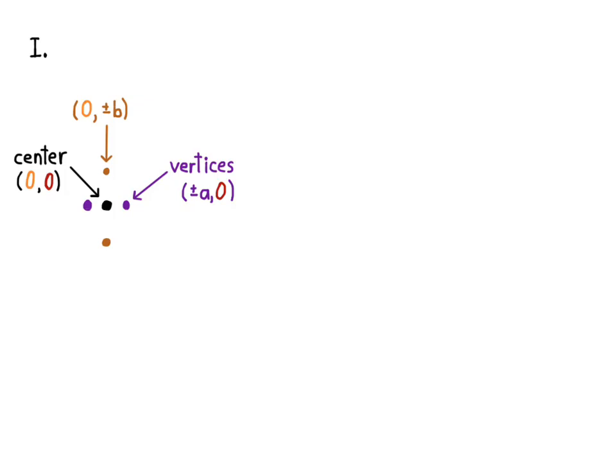It has the horizontal, the vertices are in a horizontal line with the center, right? And you would go A, whatever A is, to the right of the center, and A to the left. And then you draw a little box.